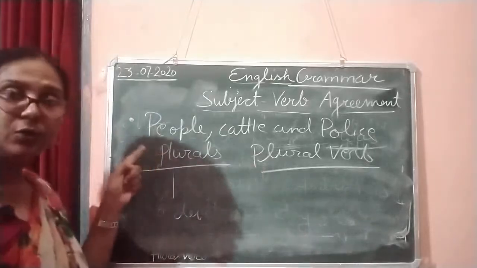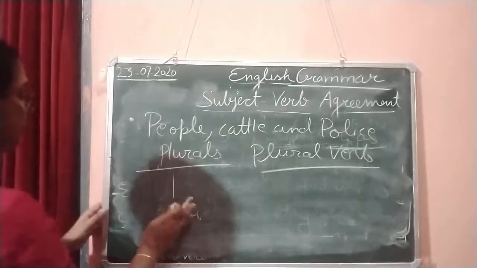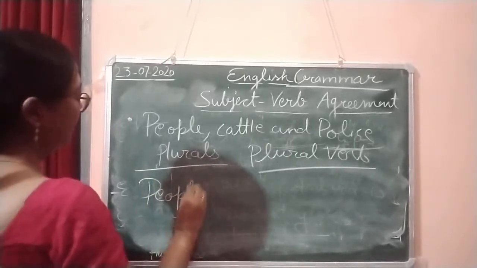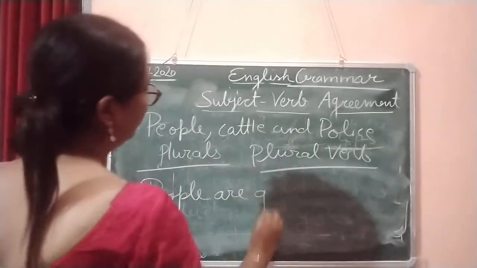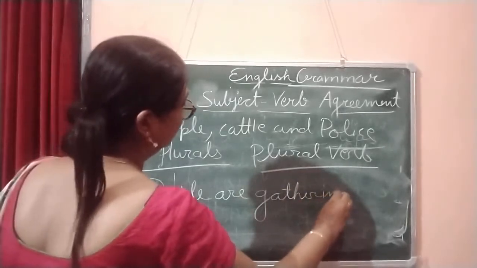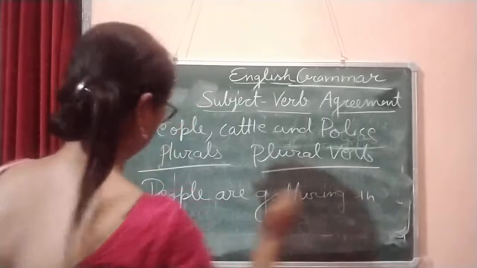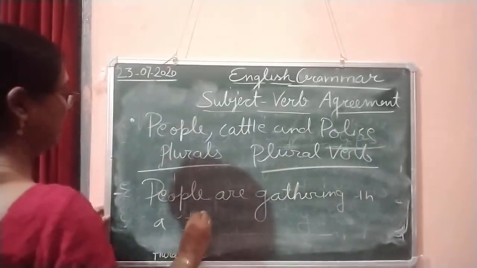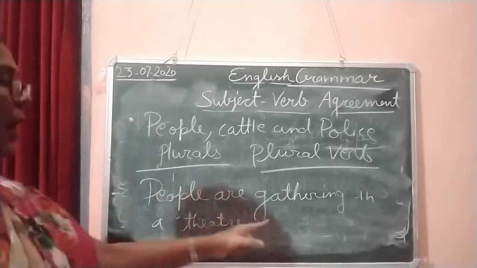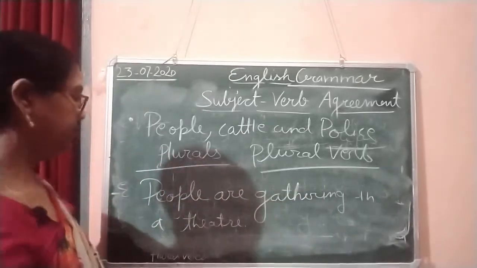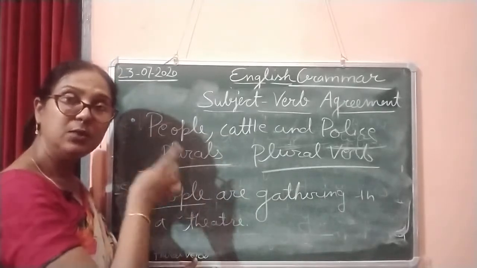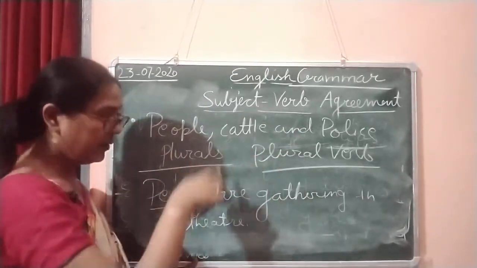So I am going to give you one example. People are gathering in a theatre. People, it is written over here, people, it is considered as a plural. So that is why I have used a plural verb.